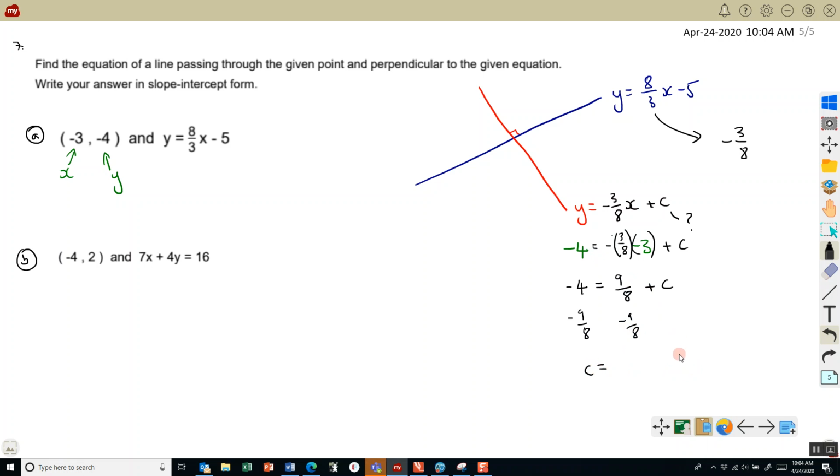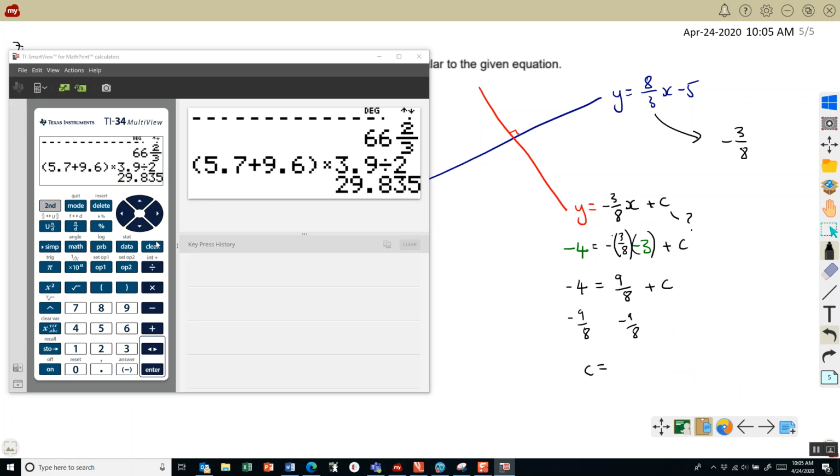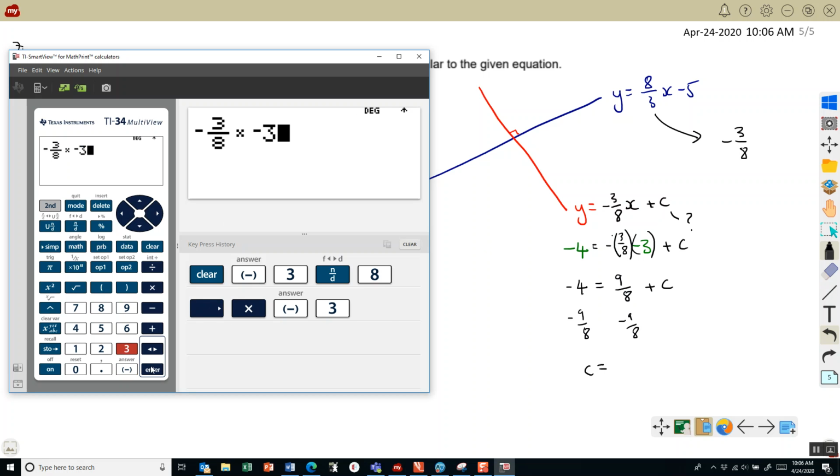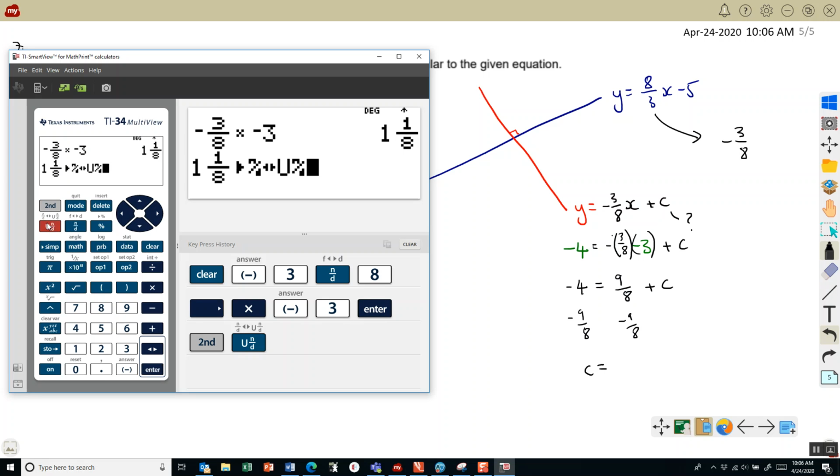let me just bring up my calculator. Okay, so here's my calculator. Let's just go back to this point. I've got negative 3 over 8. I'm using the fraction button, and I'm multiplying by negative 3. That gives me 1 1/8, and I can change this into an improper fraction using second and this button.